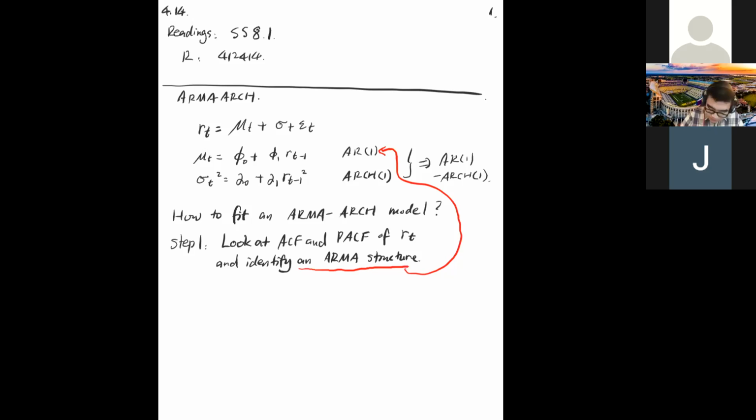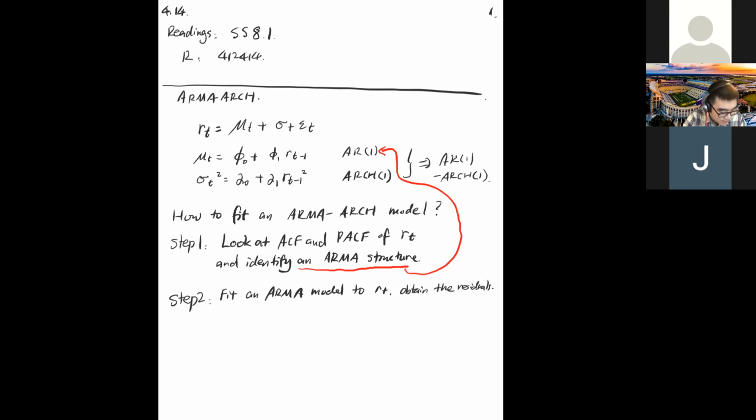And step two is new. After we find this ARMA structure, we will fit this model. So we fit an ARMA model to R_t, then we obtain the residuals. That's basically your R_t minus mu_t. So what is your R_t minus mu_t? Your R_t minus mu_t is basically sigma_t epsilon_t.